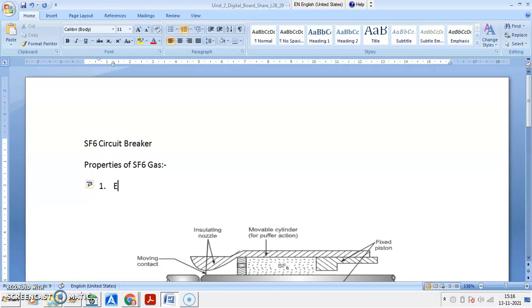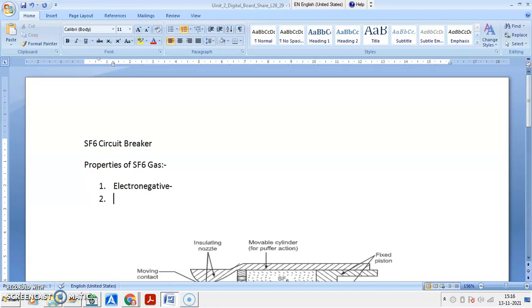So the first property is electronegativity. This gas is electronegative. It is an inherent property of SF6 gas that it is an electronegative gas. It means this gas has the ability of an atom to attract and hold electrons.